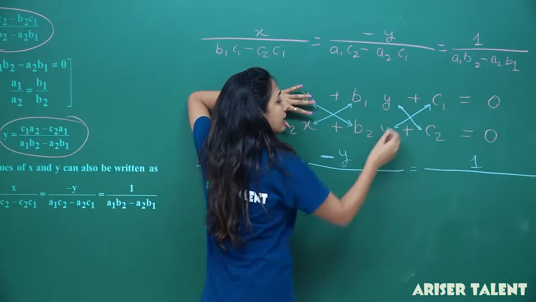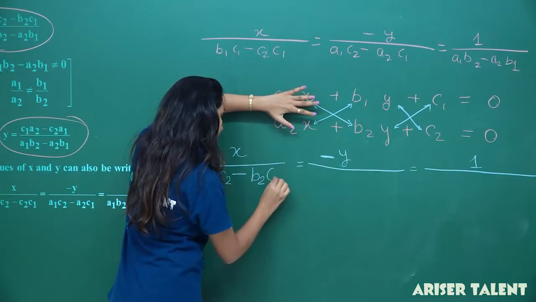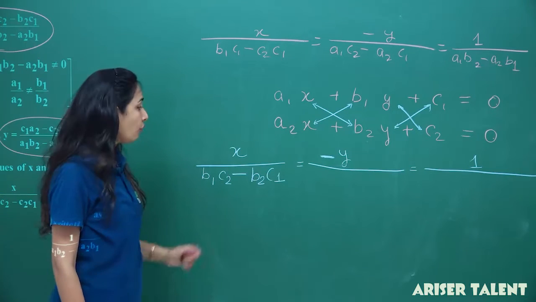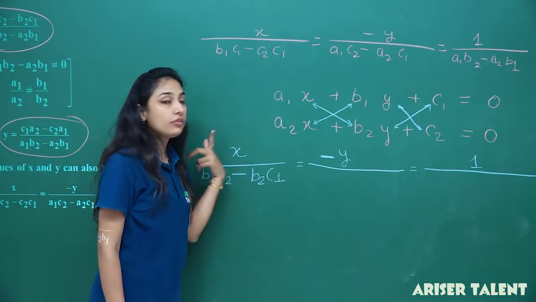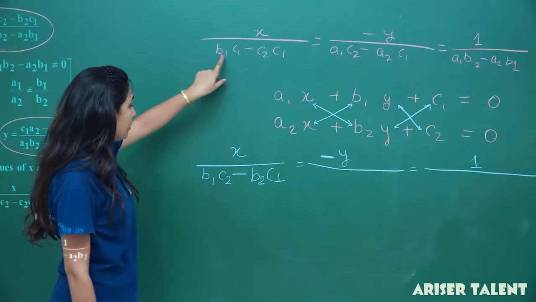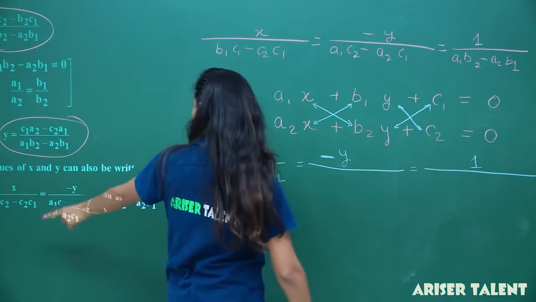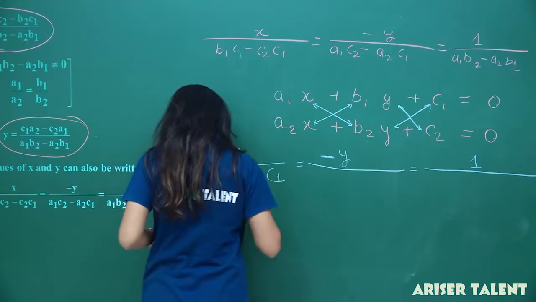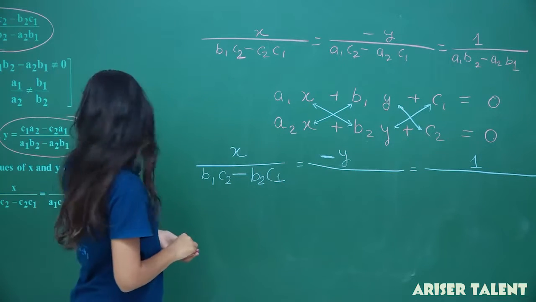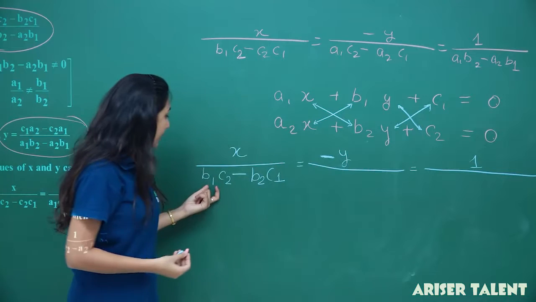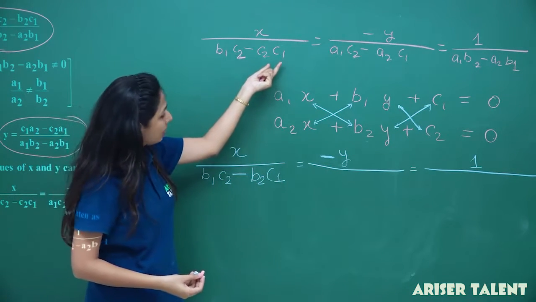This minus this. Now this is B2 and this is C1. What I've got is B1 C2 minus B2 C1. Tell me if I'm wrong. No, this is B1 C2, right?